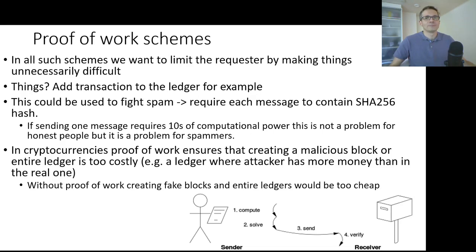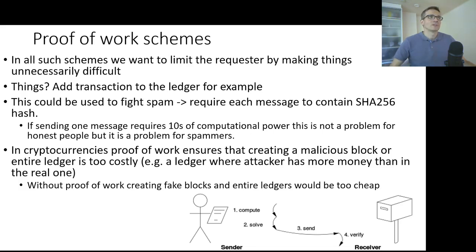Proof of work schemes can also be used to fight spam. If we require that each message contains a hash computation result, this would not be a problem to the honest sender if it takes, for example, 10 seconds to compute the hash function result. But this would be a big problem to a spammer that wants to send thousands or hundreds of thousands of messages.